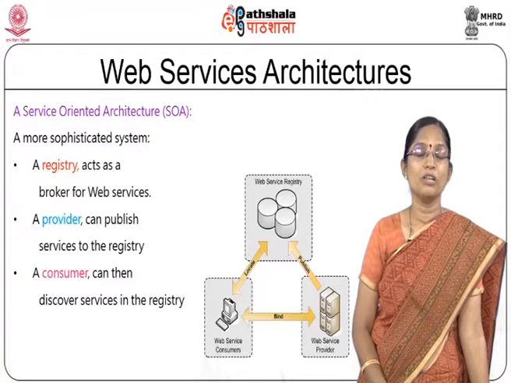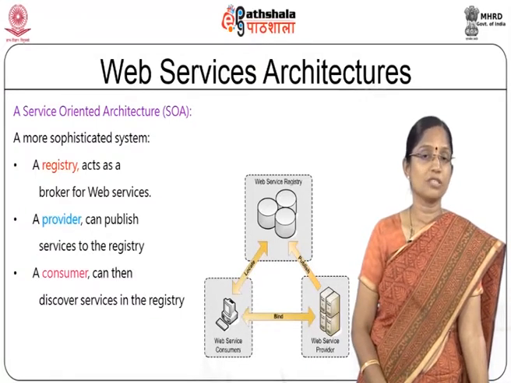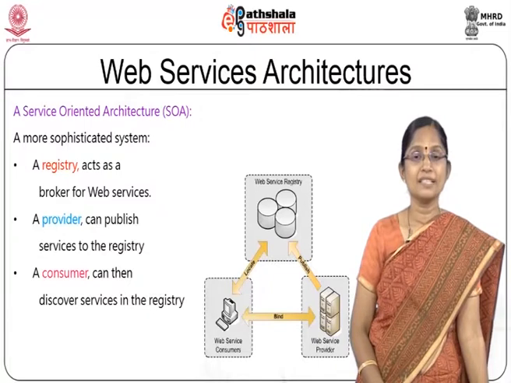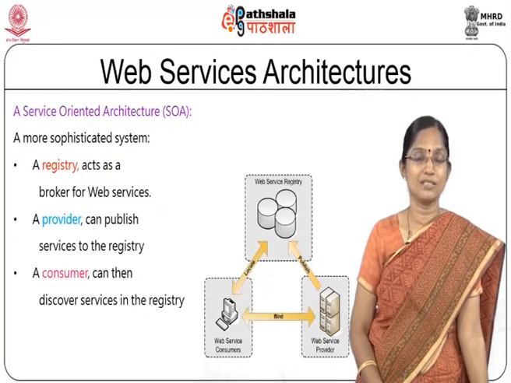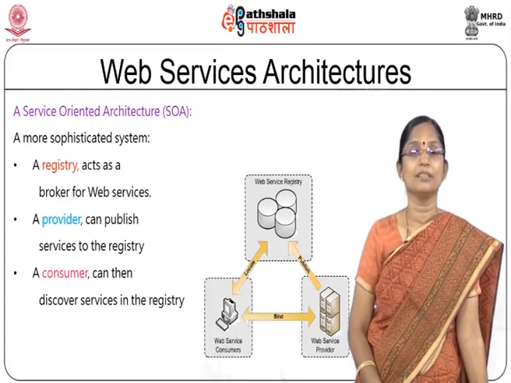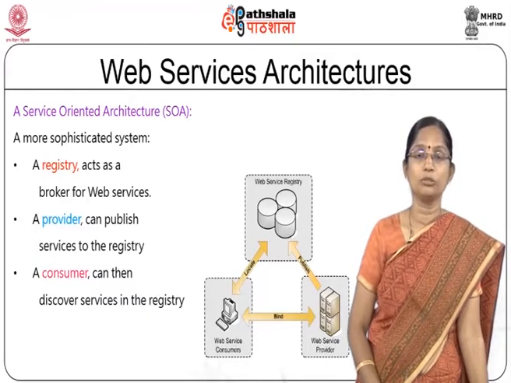The consumer who wants to perform a particular service, who wants a remote service or a web service, goes and searches in the UDDI registry. Once it discovers the appropriate service in the UDDI, the consumer sends a request to the provider, gets the process done and gets the results back from the provider.